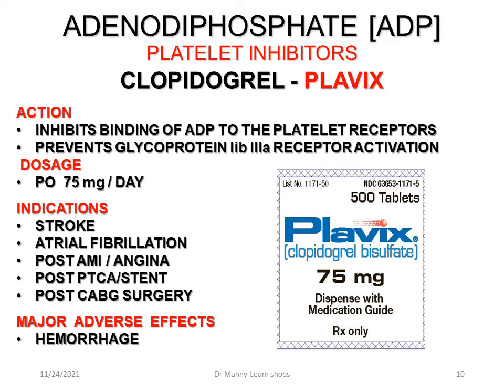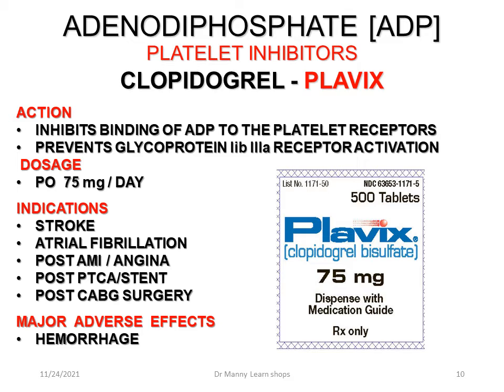Then you've got adenosine diphosphate, ADP, platelet inhibitors, clopidogrel, or Plavix, which is a very expensive medication. And it inhibits binding of ADP to the platelet receptors, which is important for clotting. It prevents glycoprotein 2B3A receptor activation, fibrinogen.